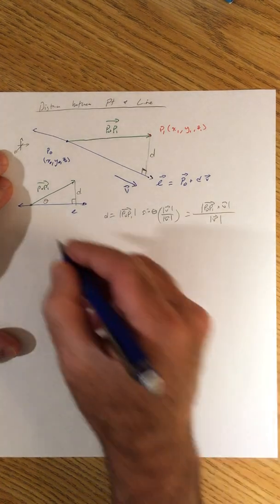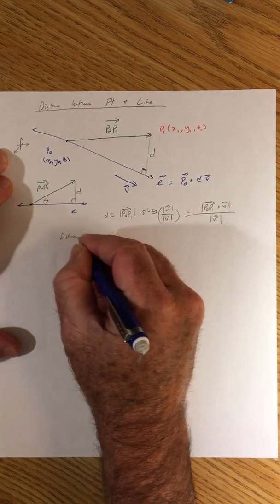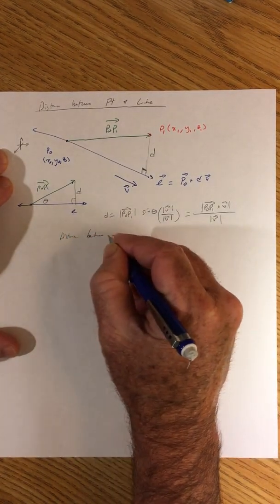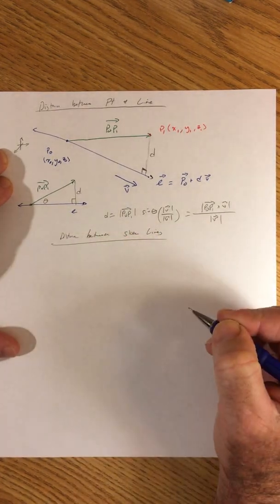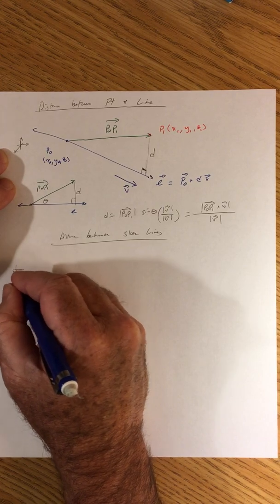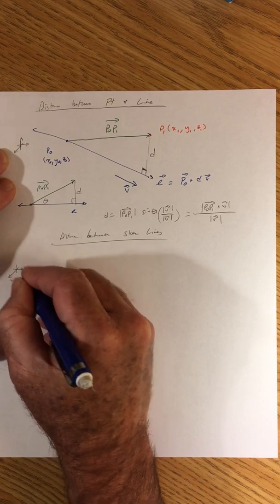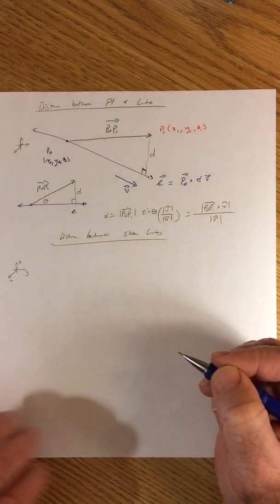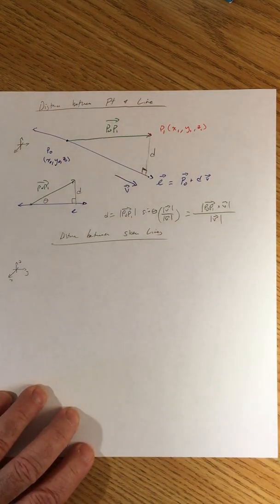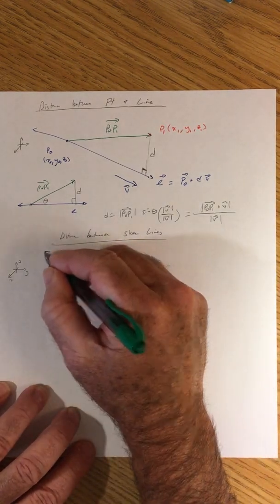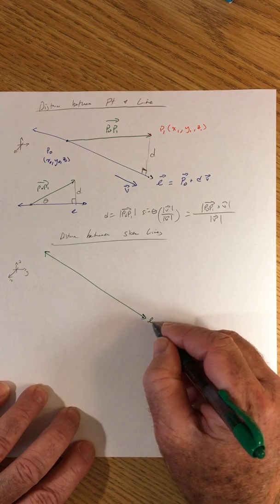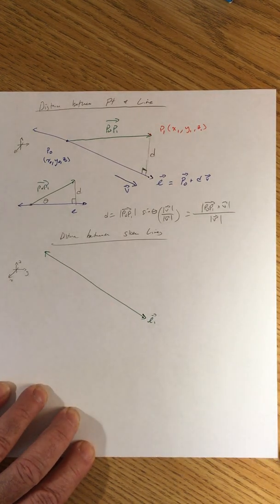All right. And distance between skew lines. All right, again, I've got a coordinate system, x, y, z, and we have, this time, say 2 lines, L1, and say L2.